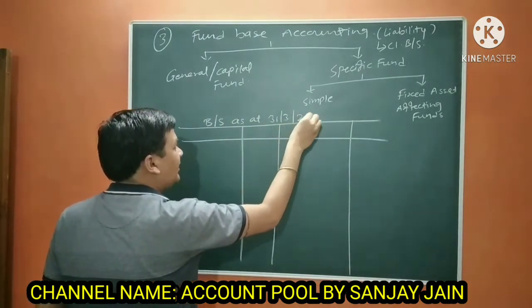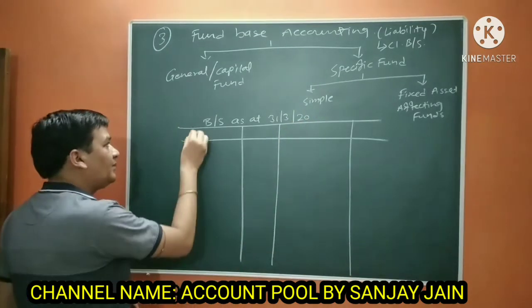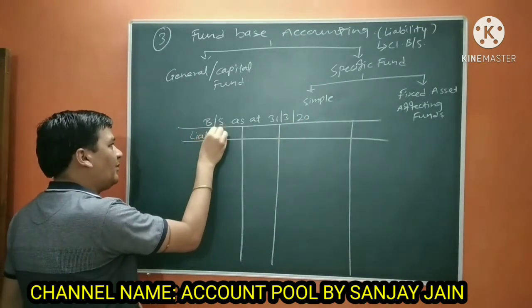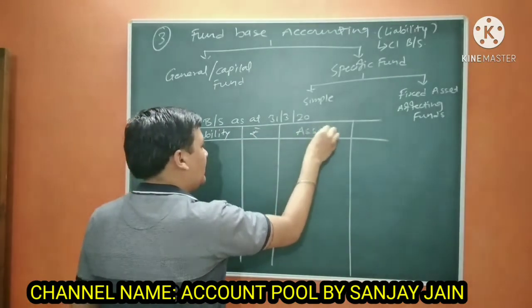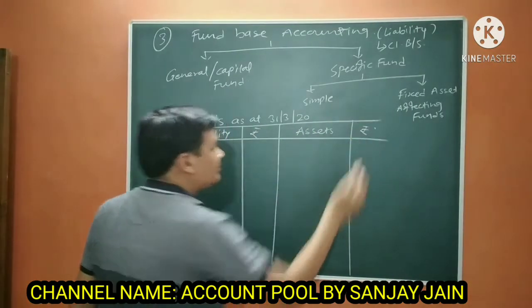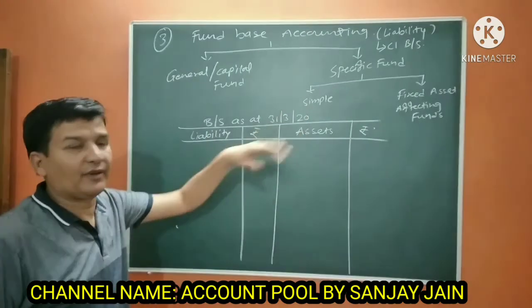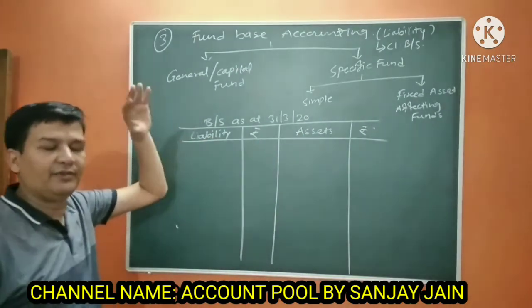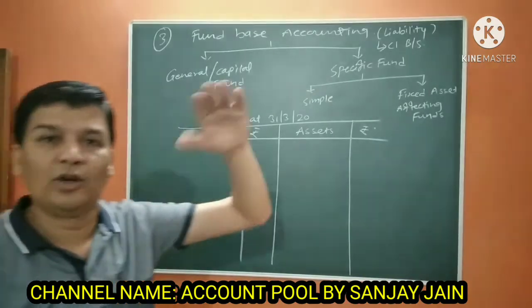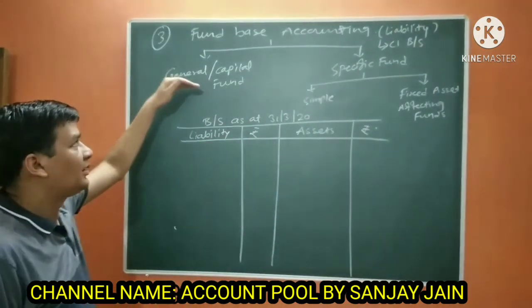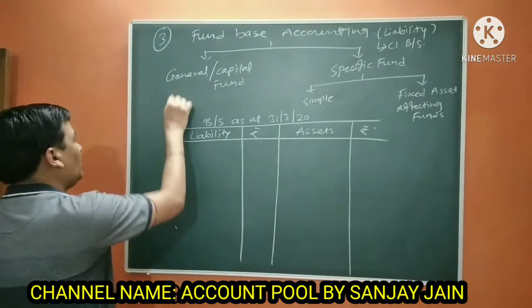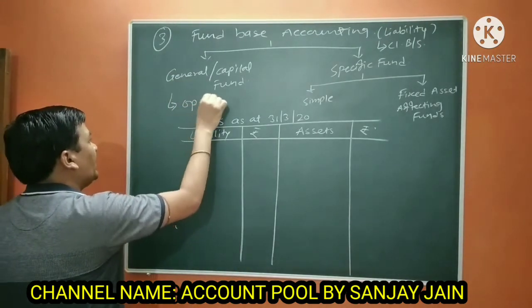I am taking my current year as 20. Okay, liability rupees, assets rupees. If it is a simple fund, general fund or capital fund, we get it from the opening balance sheet, that is opening capital. Like opening capital, these funds we are going to get from the opening balance sheet.